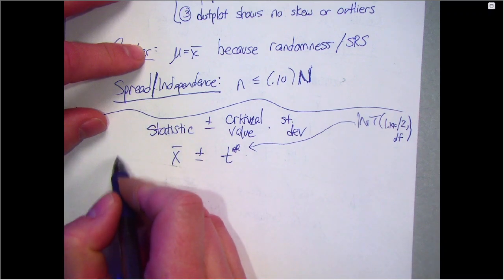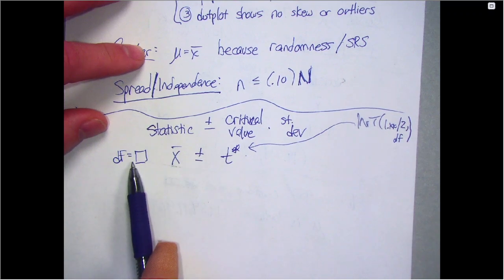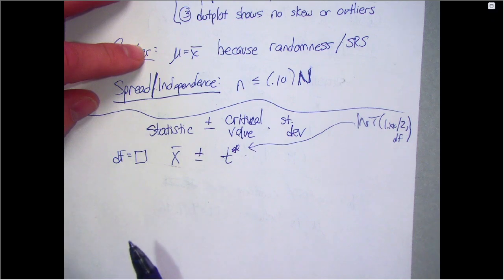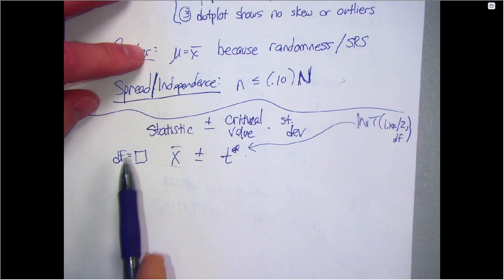And then I'm going to put off to the side degrees of freedom equals, to let the grader know what degrees of freedom I used when I found my T star. That's a new thing, there was no need for that on the proportions at all, just for means.